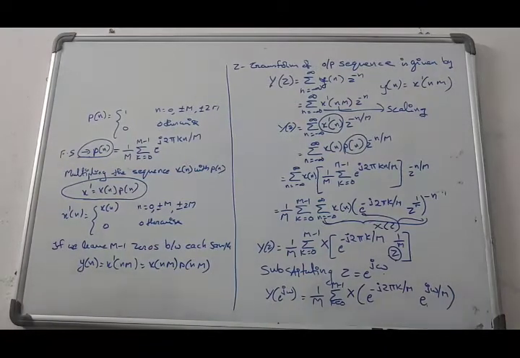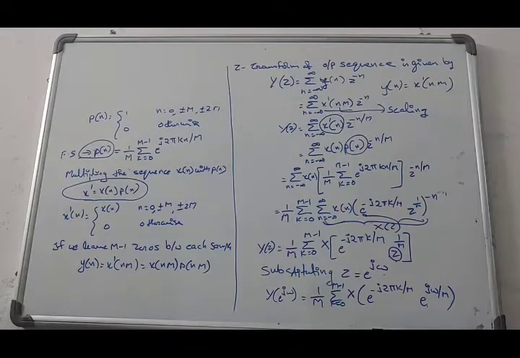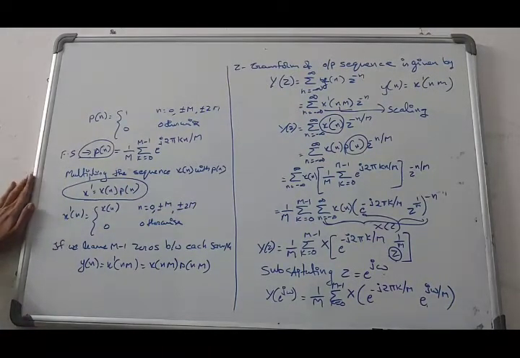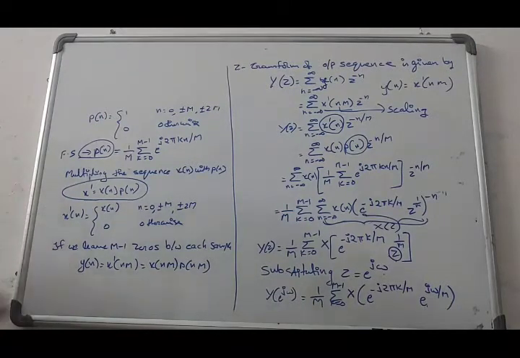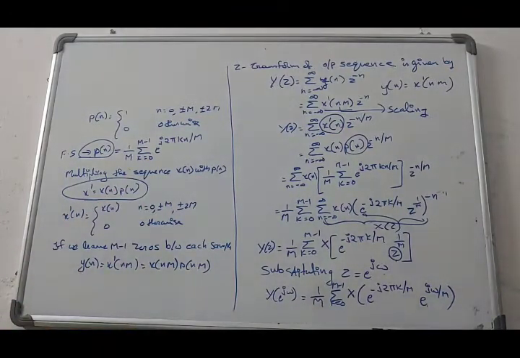Okay, now we find that the Fourier transform of the input signal of a downsampler is x of e power j omega, and the Fourier transform of the output signal y of n is y of e power j omega. So it is a sum of m uniformly shifted versions of x of omega. Now we have to take two sample signals and draw the spectrum of the output and input signals.